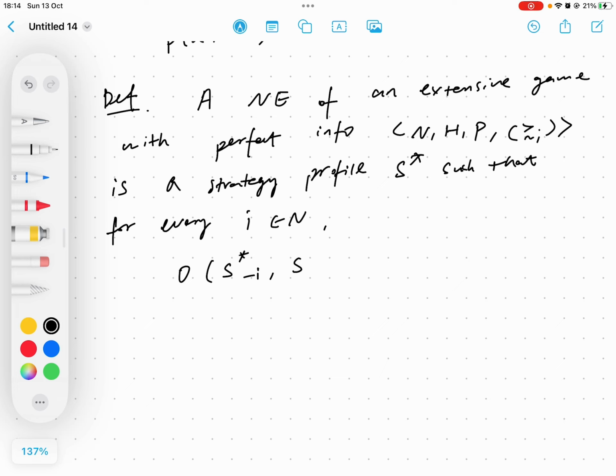For the Nash equilibrium, this gives a weakly higher preference or utility. So this is weakly preferred to the outcome given all the other players' strategies and this player i's strategy for some other deviations, for every strategy S i of player i, right?